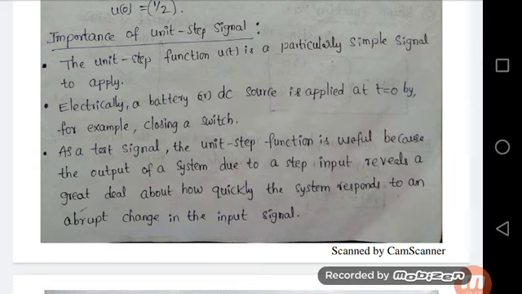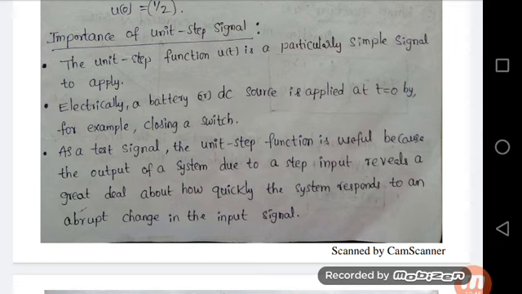As a test signal, the unit step function is useful because the output of the system due to a step input reveals a great deal about how quickly the system responds to a change in the input signal.